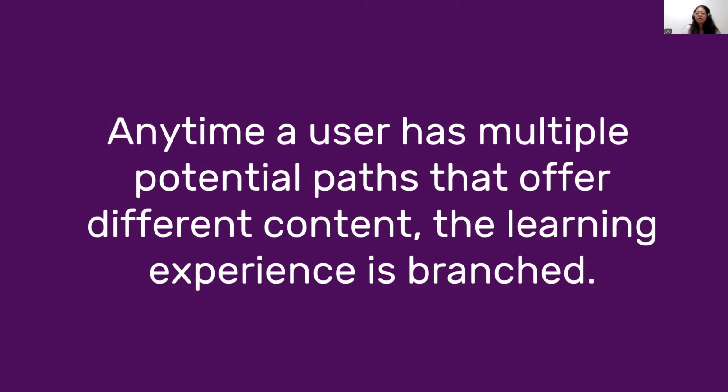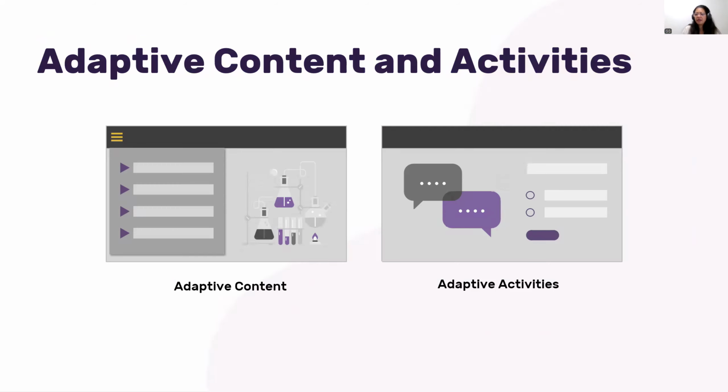Okay, let's move on and talk about adaptive content and activities. What does branching look like in practice? There are two ways you can use branching. One is you can create adaptive content, and that means as I go down the course content, I can choose whether I want this content or that content.